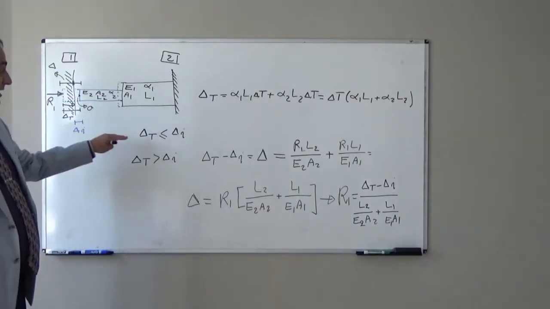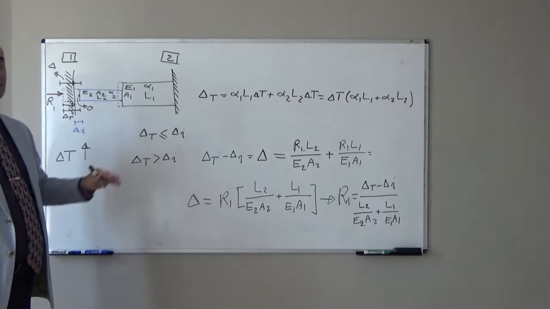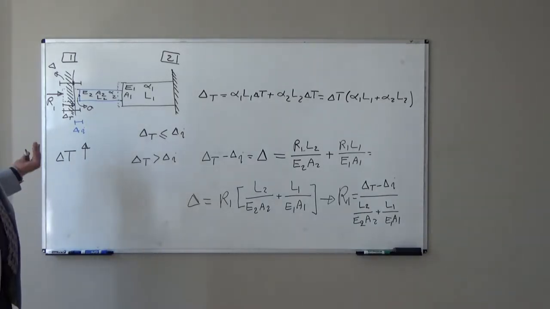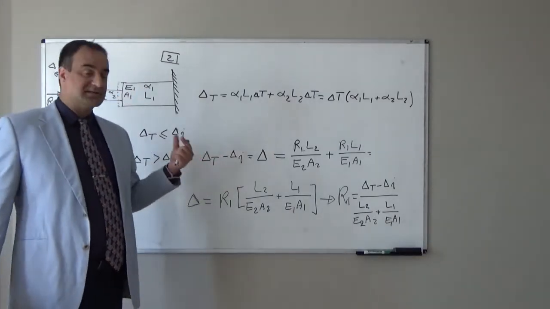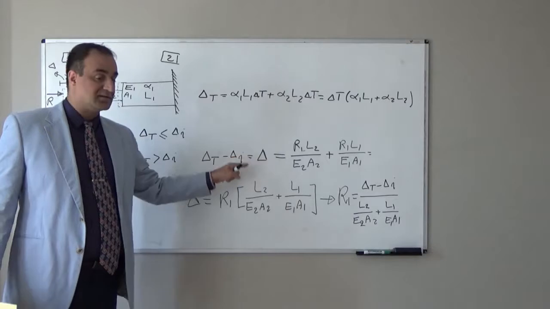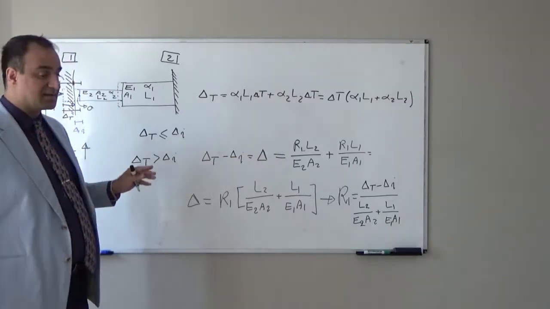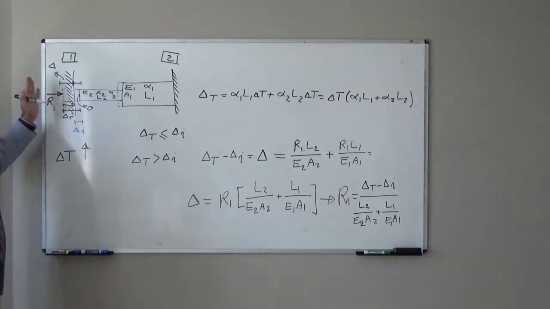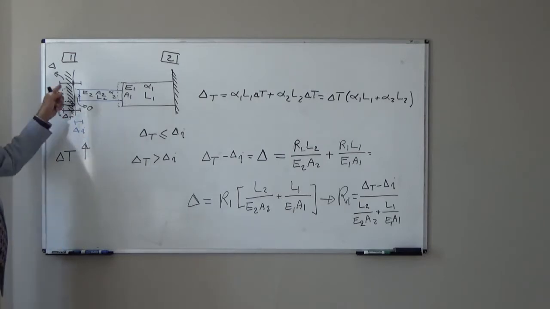If the total deformation is smaller than the initial gap, there is no reaction, no internal force, no stress. If it is bigger, we should calculate how much bigger, delta. That delta will cause reaction, that delta will create this R. That R should return this deformation to the initial point, should make this deformation equal to zero.